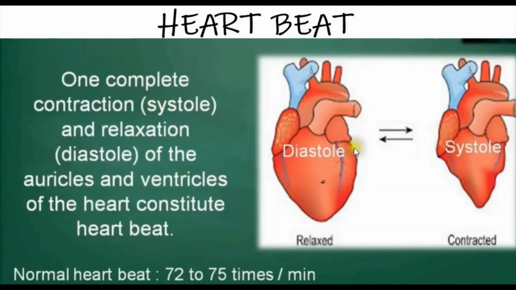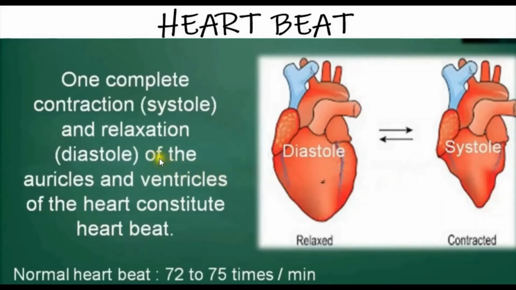Systole. Then after that, when the atriums, or the auricles, are receiving the blood, at that time the heart relaxes. That relaxation phase is known as diastole. So the contraction phase is known as systole and the relaxation phase is known as diastole.